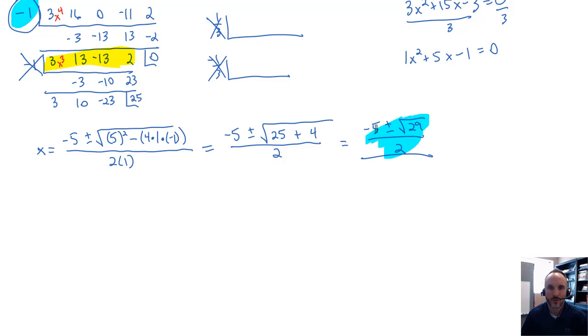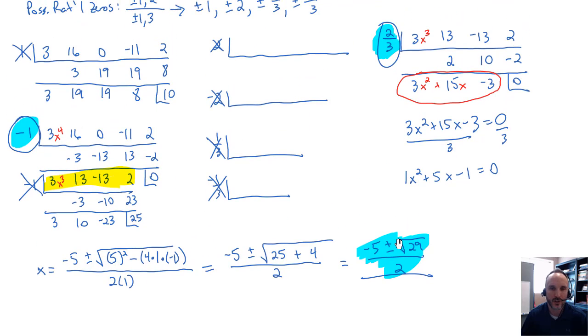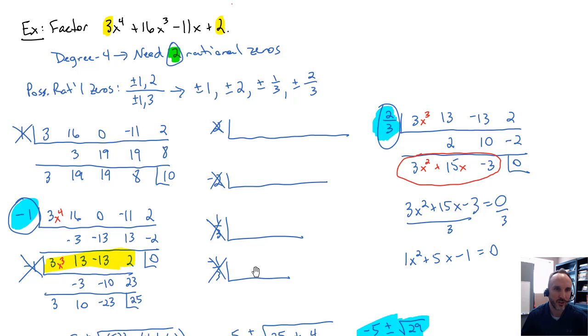Okay, so we have 4 zeros. Negative 1, 2/3, and these two irrational zeros in fraction form. And our goal here was to factor this polynomial.